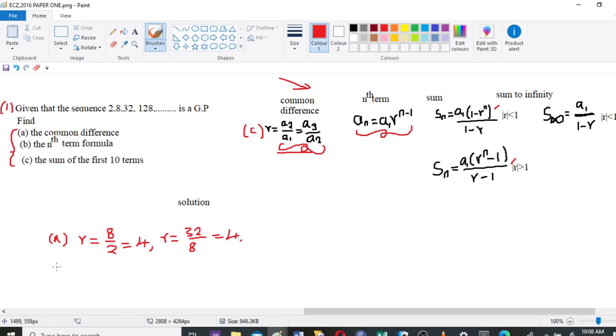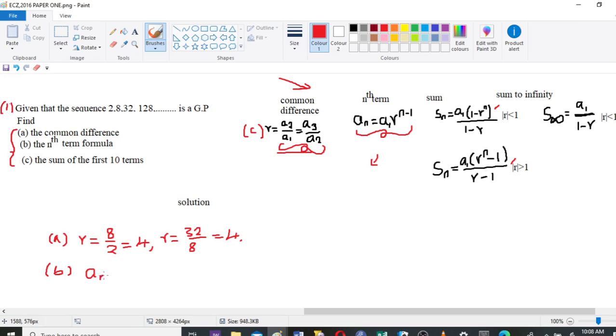Then we can go to question B and find the Nth term formula. We can take it from here, but you need to know these formulas by heart.